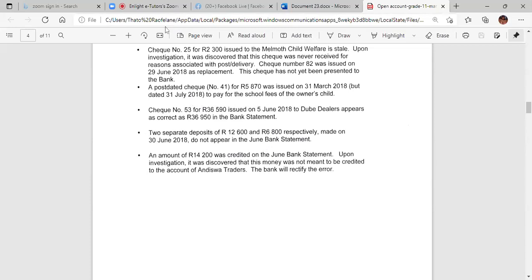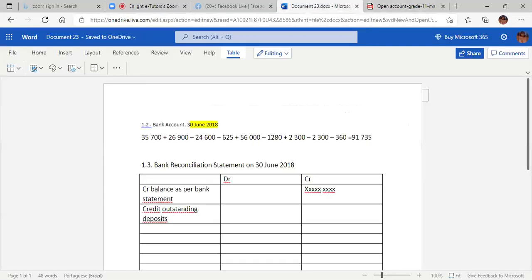So we are going to add the 12,600 and the 6,800. If you have any questions, you can unmute yourself or type it in the chat box and I'll read it.